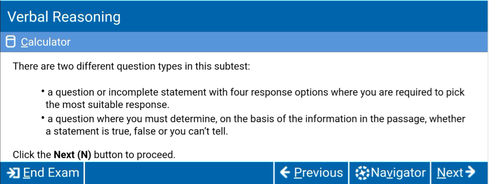And a question where you must determine on the basis of the information in the passage whether a statement is true, false, or you can't tell. Now click the next button to proceed.